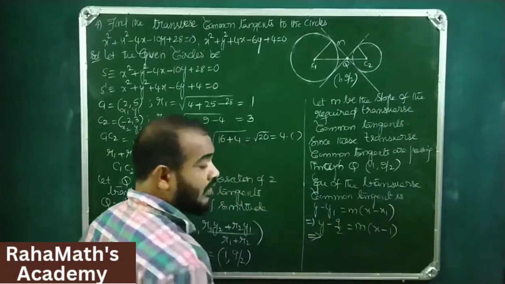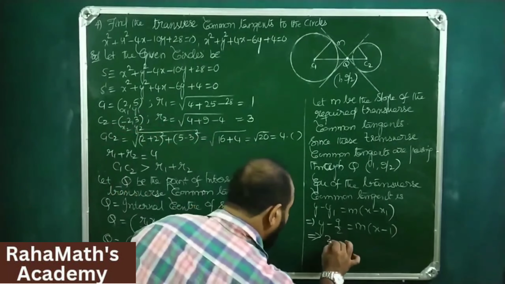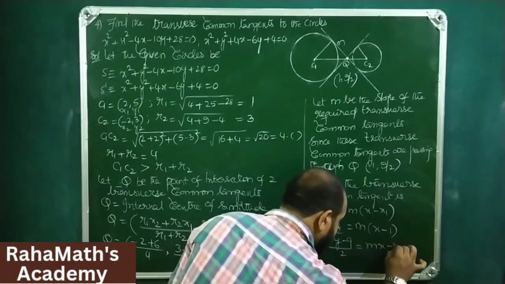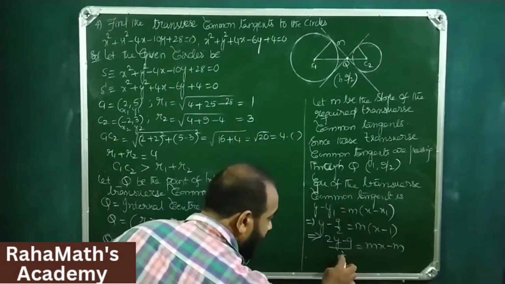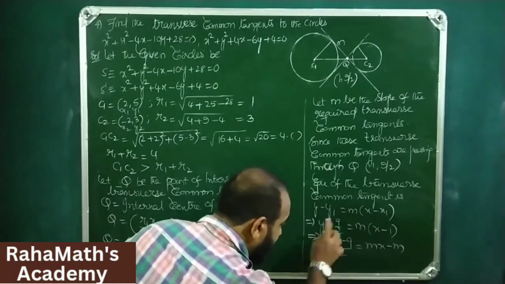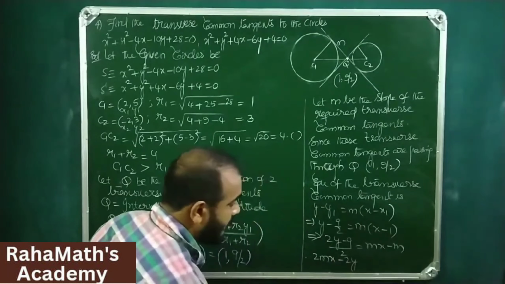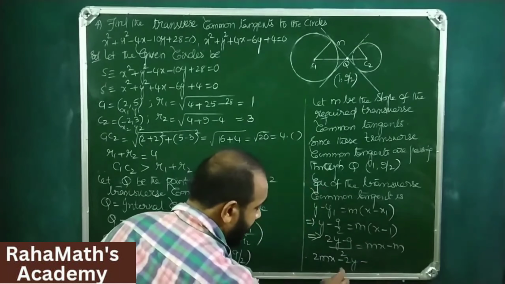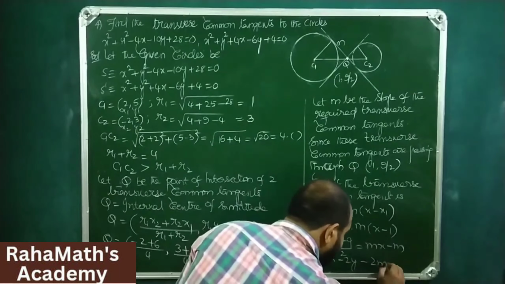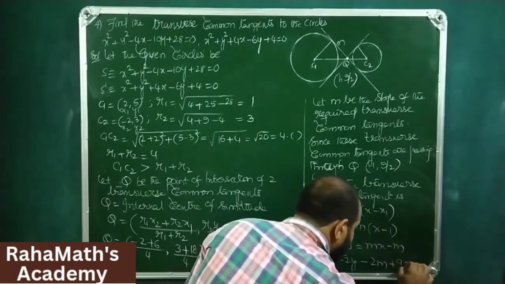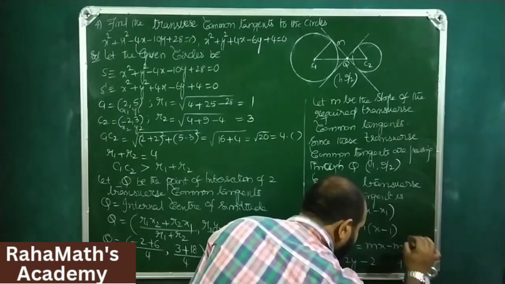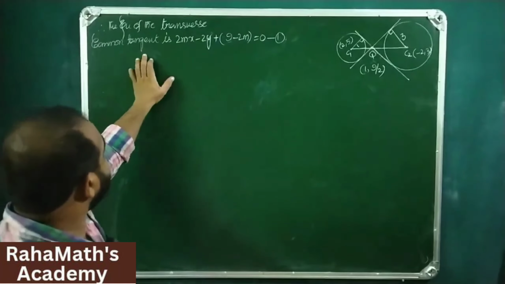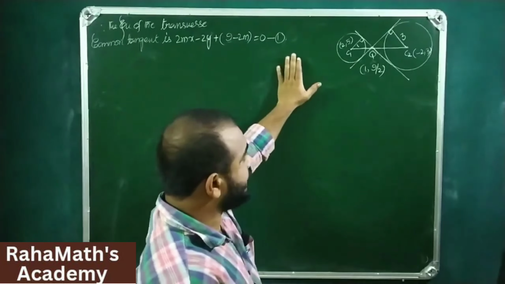So find the LCM: 2y minus 9 is equal to 2mx minus 2m. Therefore 2mx minus 2y minus 2m plus 9 equals 0. Let us suppose this to be the first equation. So the equation of the transverse common tangent is this.